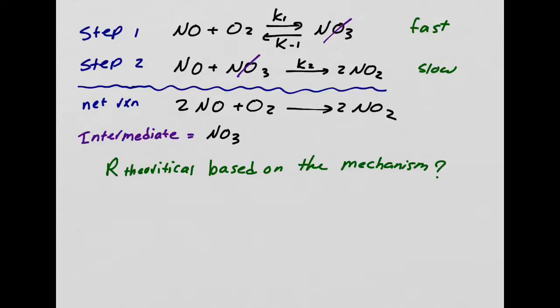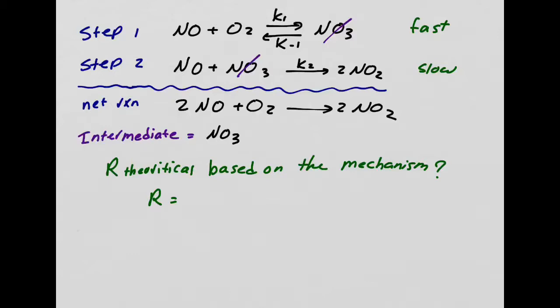Okay, we talked about that last time. So what I'm going to do is R equals. And remember what we talked about. We said that the R theoretical is going to be based on what? Based on the rate determining step, right? It's going to depend on the rate determining step.